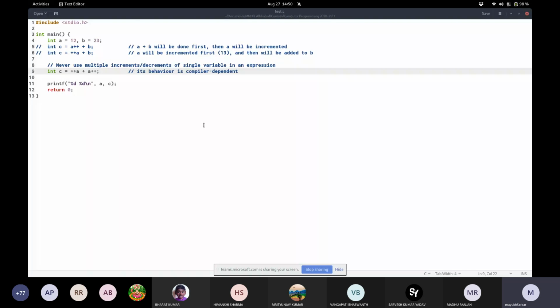But anyway, it varies from compiler to compiler. Never use in your future programming life ever a code like this. Such questions will not appear in the exam as well. Just never use multiple increments and decrements of a single variable in a single expression, because the behavior will vary from compiler to compiler.